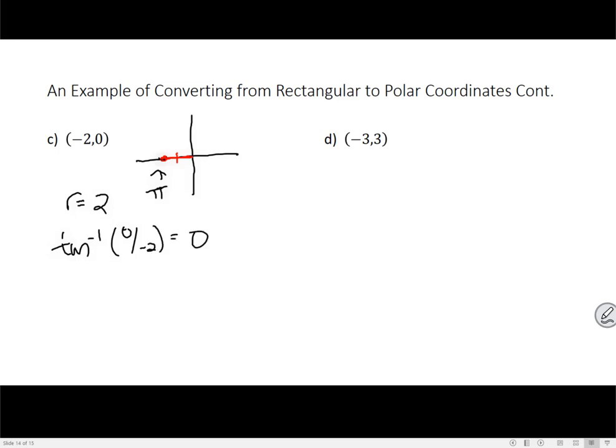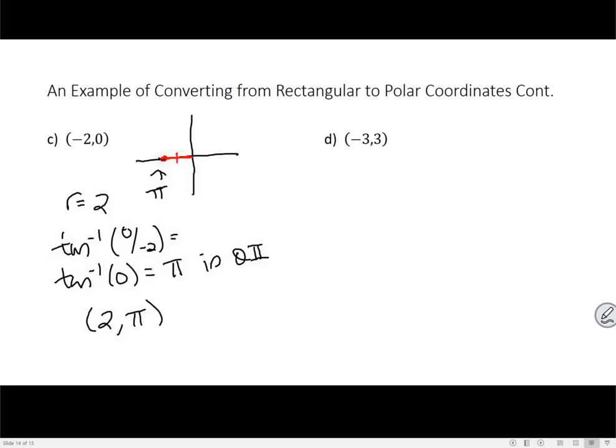Well, tangent inverse of 0 is going to be 0 degrees and pi degrees, but we're in quadrant 2 here, or just right at the border of quadrant 2, so we have to pick pi. Let me write that more correctly there. So it's just pi in quadrant 2.